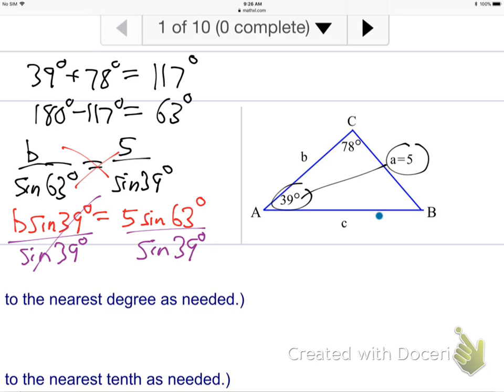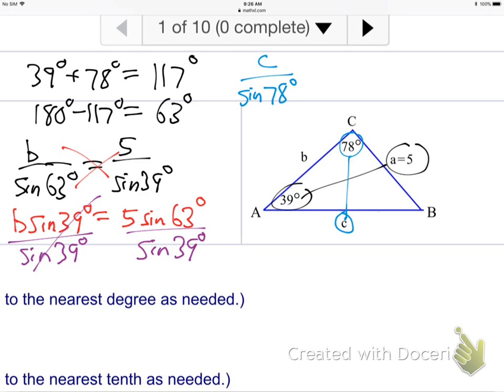Let's find C now. How am I going to find C? Because they also asked me for C down here. I'm going to do the same thing. I'm going to take C over the sine of 78, these two, which are across from each other. So you always take a side over the sine of the angle across from it.